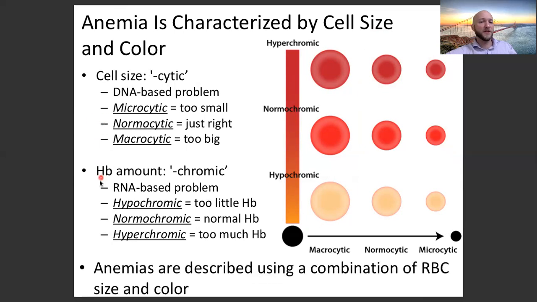A microcytic hypochromic anemia more describes what the cells look like and not so much the cause of it. But knowing what the cells look like can help the doctor narrow down his differential diagnosis list and get to a point where he knows what's causing the anemia. So anemias are described using a combination of RBC size and color.